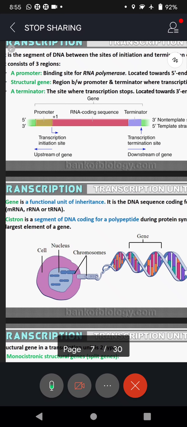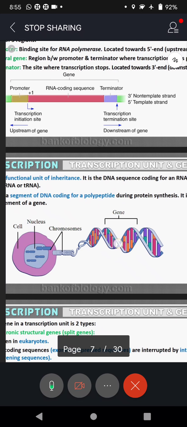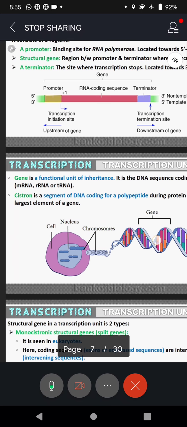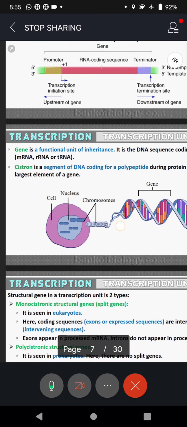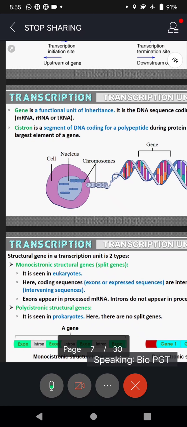Now, as I said just now, what is a gene? Gene is the functional unit of inheritance. It is the DNA sequence coding for RNA, particularly which RNA? mRNA. And there is something called cistron. Cistron is the segment of DNA coding for a polypeptide. What is a polypeptide chain?